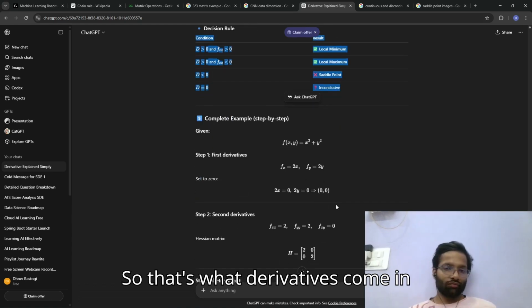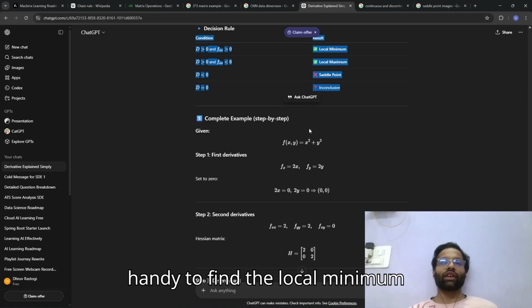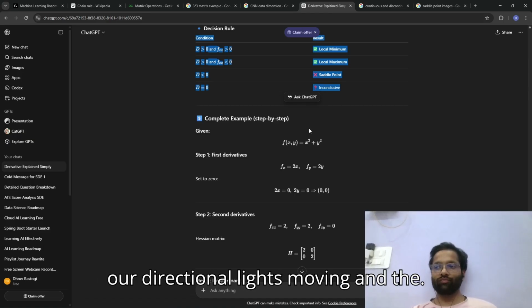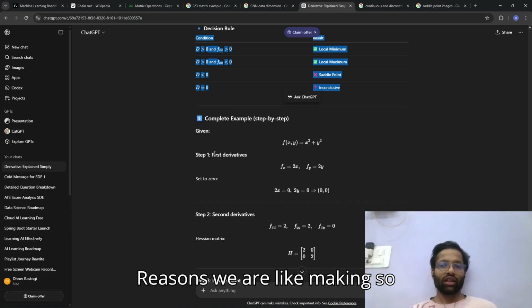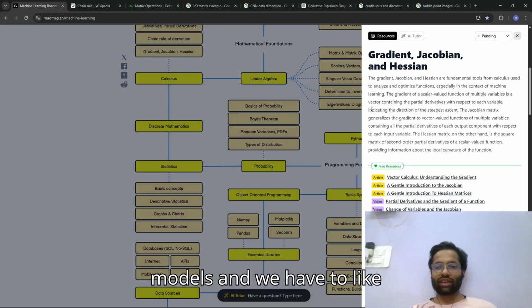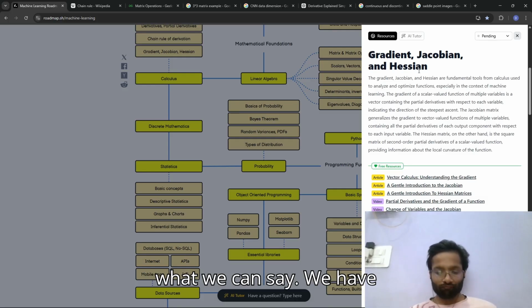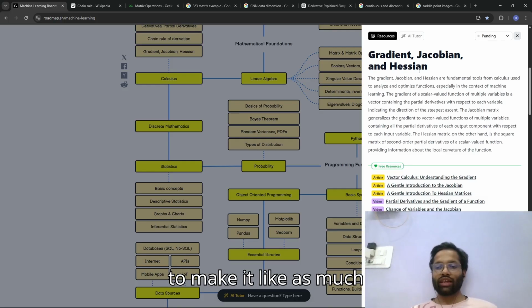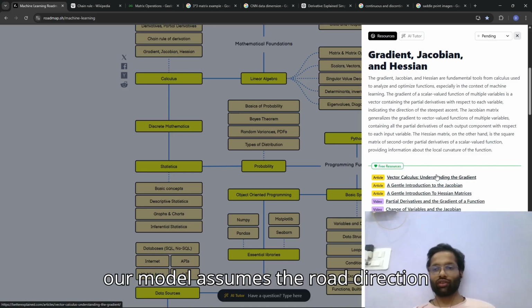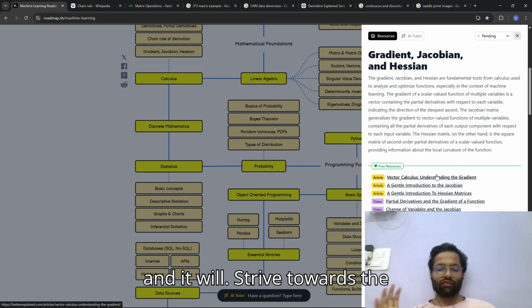So that's how derivatives come in handy to find the local minimum and maximum points of a certain algorithm, the direction where it's moving, and the equations we are making. The equations will come from the models, and we have to make them as optimized as possible so that our model doesn't go in the wrong direction and strives towards a better result.